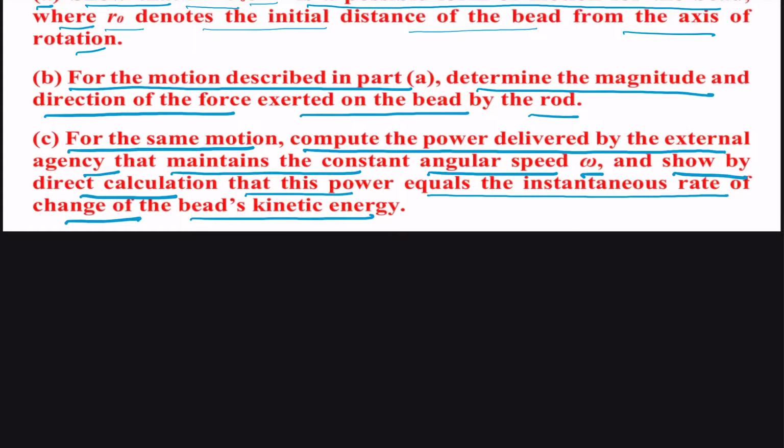So first of all, let's draw the basic figure. We are given that we have a straight rod, and it is fixed at, suppose, this end, because it is going to rotate along this direction with the angular speed of omega, and at the other end we have a bead.